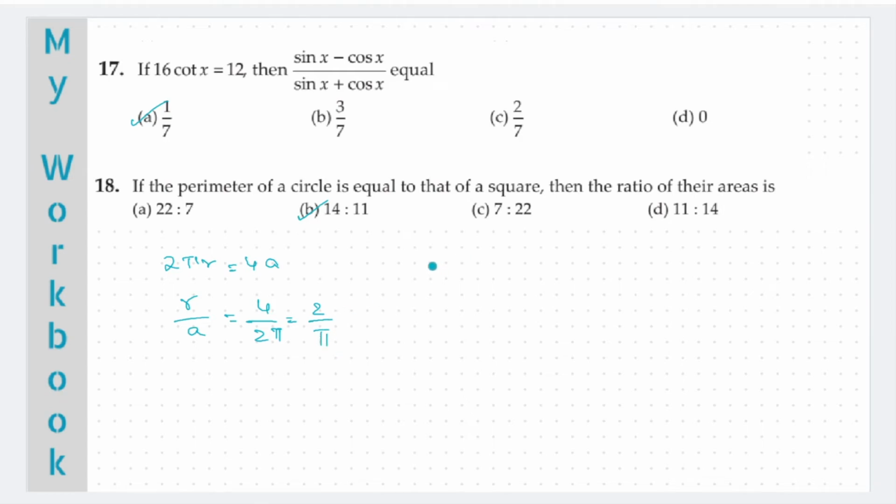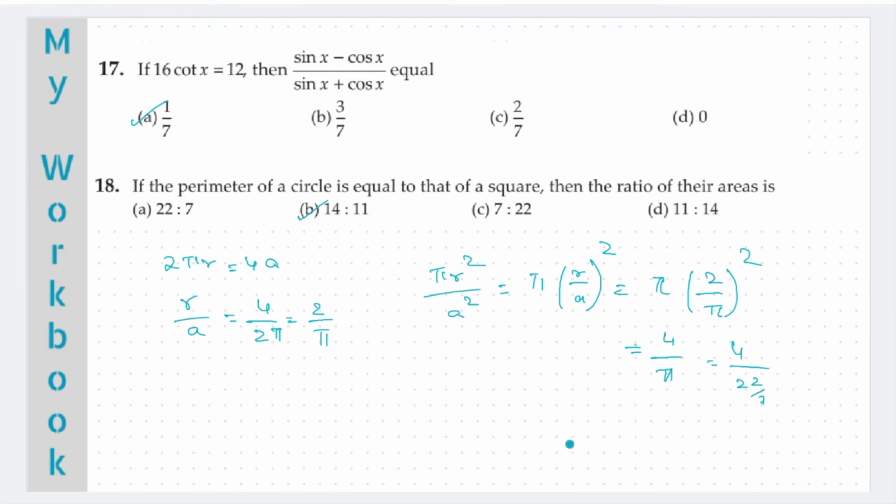So we need to find the ratio of area of the circle, which is pi r square, divided by area of the square, which is a square. Can be written as r by a the whole square. R by a we found as 2 by pi, so pi into 2 by pi the whole square. So 4 by pi, which is nothing but 4 by 22 by 7.